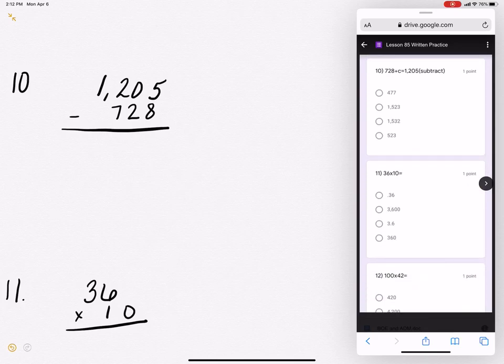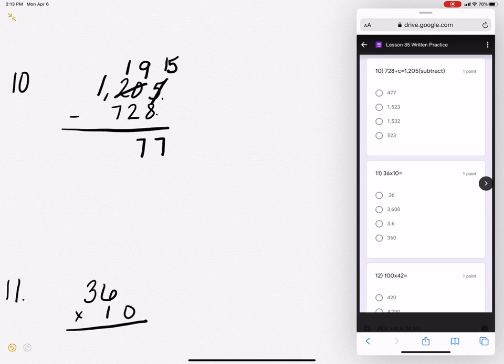728 plus some is equal to 1,205. You need to subtract to find what you are missing. Again, I'm going to have to borrow. I cannot take 8 from 5. I'm going to borrow from 20 this time. We've done that a little bit. 20 becomes 19. 5 becomes 15. Minus 8 is 7. 9 minus 2, 7 again.